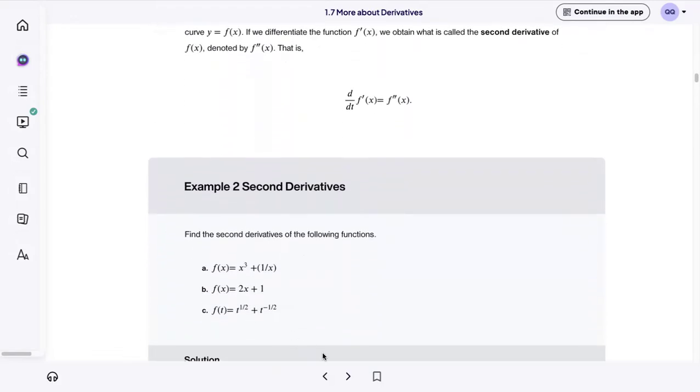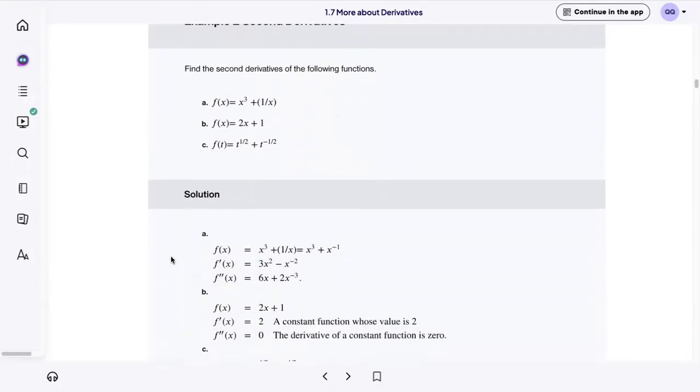Of course, we can do a second derivative. The first derivative, a lot of times, is a function, and we can keep taking derivatives. Let's see b first, because b is easier.